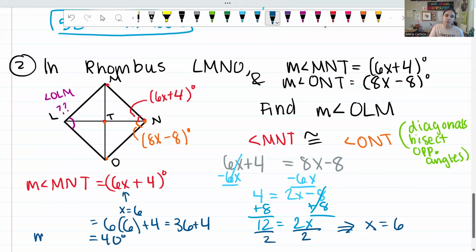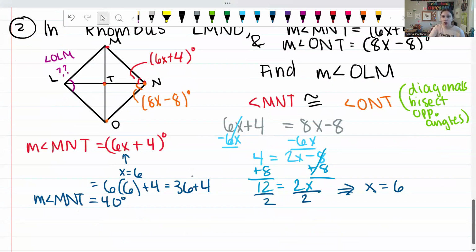So the measure of angle MNT is 40 degrees. And that is helpful to us because I know then that that is equal to ONT. So MNT is 40 degrees, and the measure of angle ONT has to be 40 degrees.